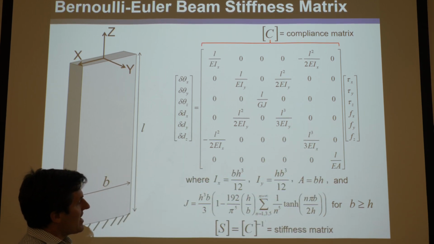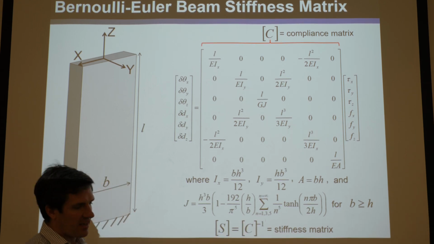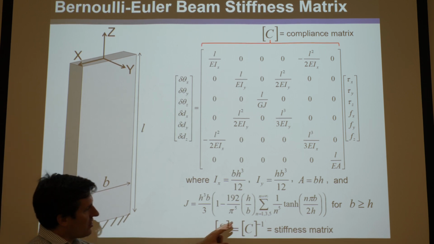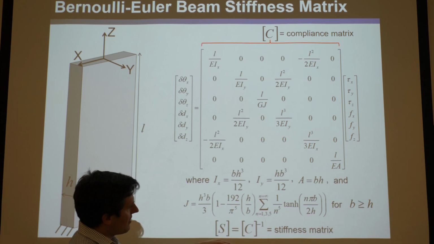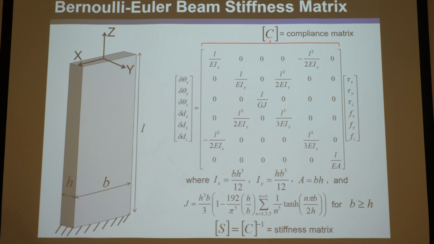Okay, if we were to invert C, this is C raised to -1, just like you would take C and 1 over C is K, or 1 over K is C. You invert this, but you do it with matrix inversion, raised to the -1, and that will be the stiffness matrix for this particular beam. Okay, according to Bernoulli Euler equations.